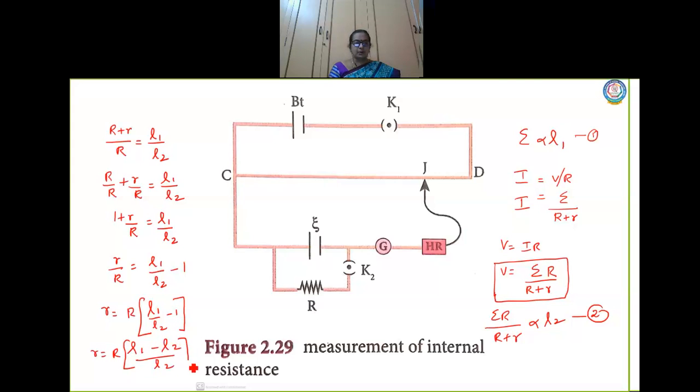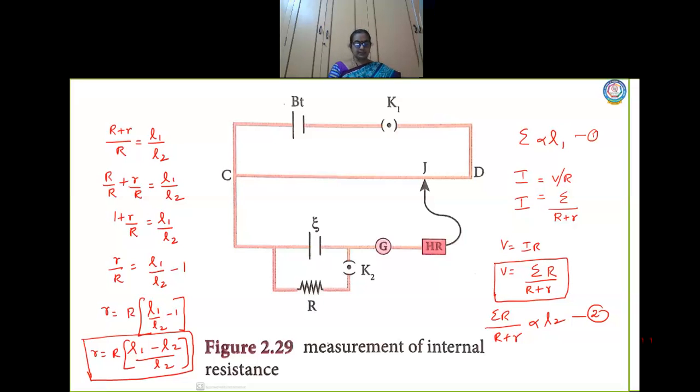So this is the formula to calculate the internal resistance of the cell using the potentiometer. This derivation is there in your textbook, page number 114. Substituting the values of R, L1 and L2, the internal resistance of the cell is determined.